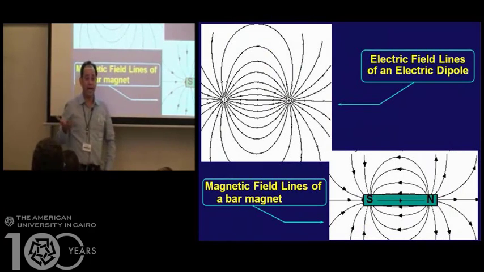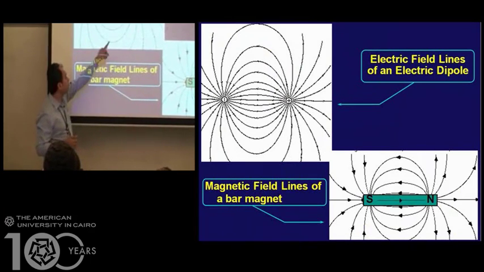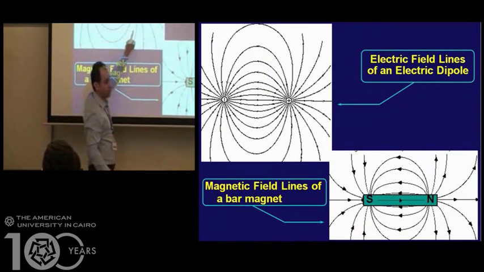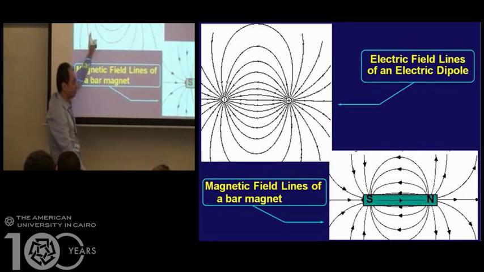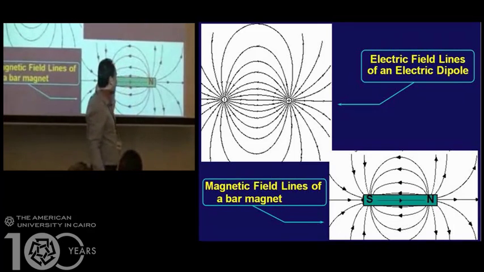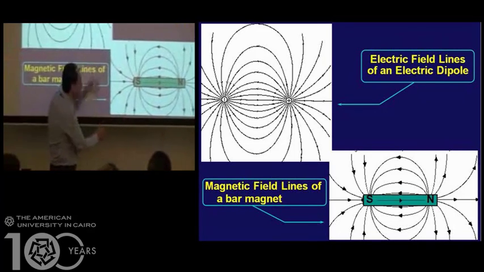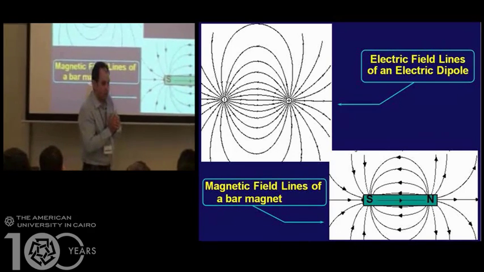If you remember the electric dipole, positive charge and negative charge, the electric field goes out from the positive charge and goes into the negative charge. It's similar to here: the magnetic field goes out from the north and goes into the south. So actually those are similar, except for one simple difference between them.